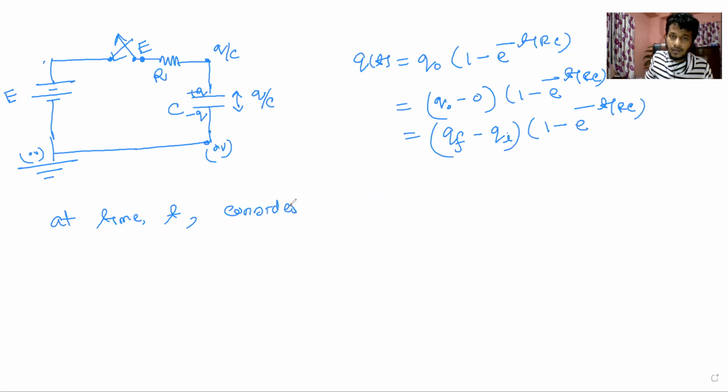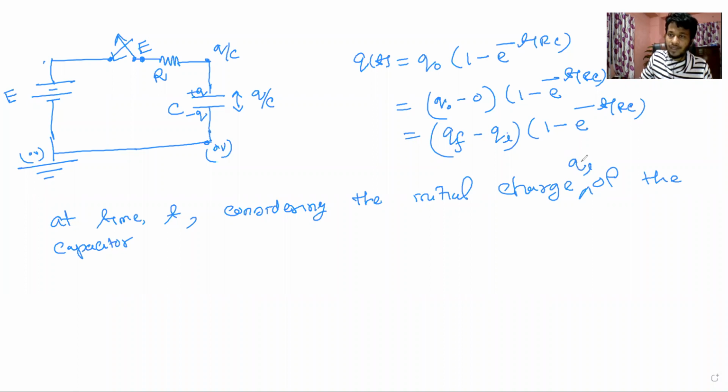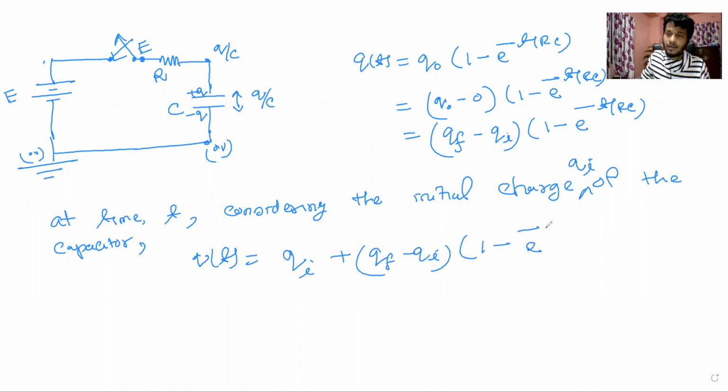Considering the initial charge of the capacitor, Qi, Qt can be written as: initially there was Qi amount of charge, plus the charge the capacitor has gained, Qf minus Qi, multiplied by t upon RC.